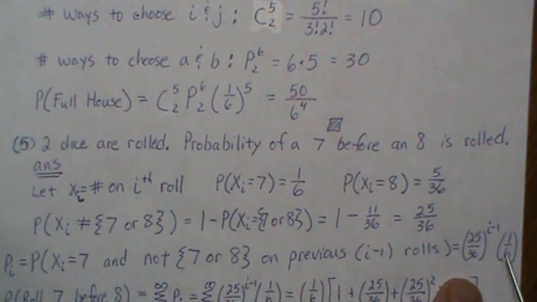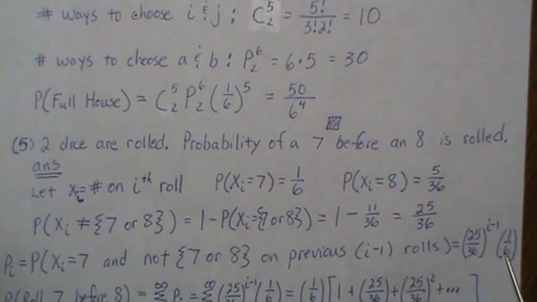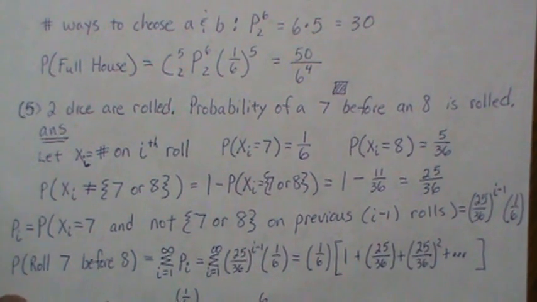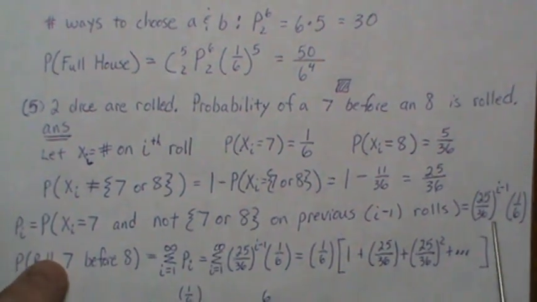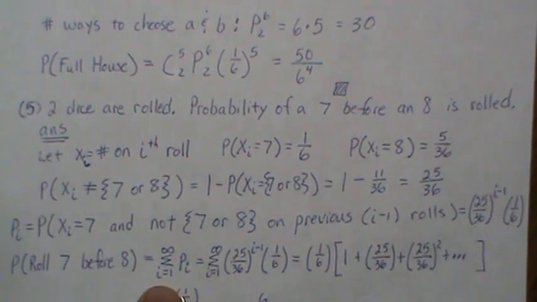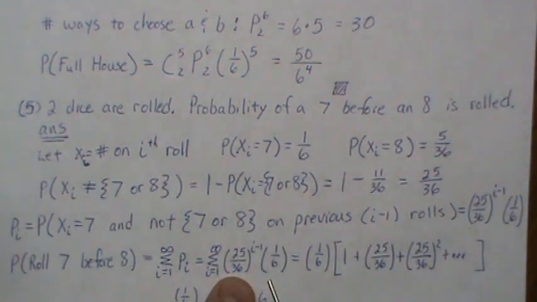And then we roll a 7 on this roll is 1/6. But that's the ith roll. But this can happen for any i. So the probability that we roll a 7 before an 8 is the sum of these probabilities. I call this Pi. So from i equals 1 to infinity of Pi. But Pi was this, right?